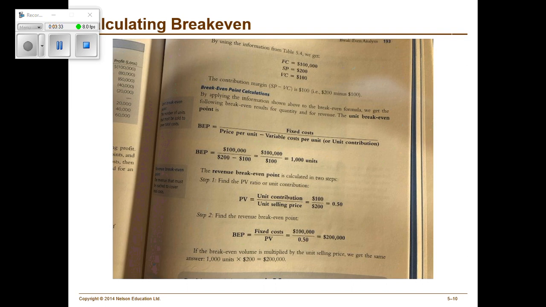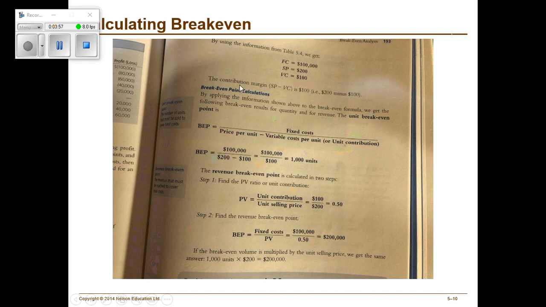Okay, so looking at the first formula here in our break-even point calculations, the break-even point is our fixed cost divided by our contribution margin.